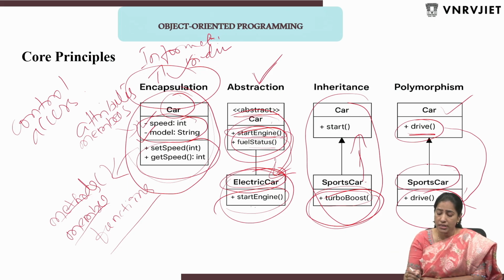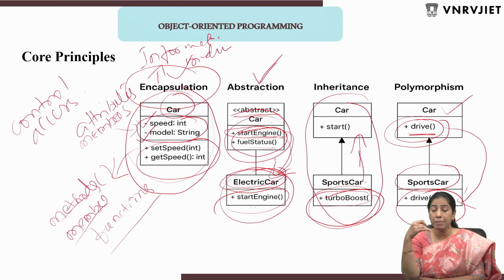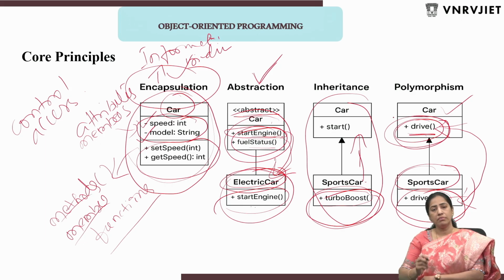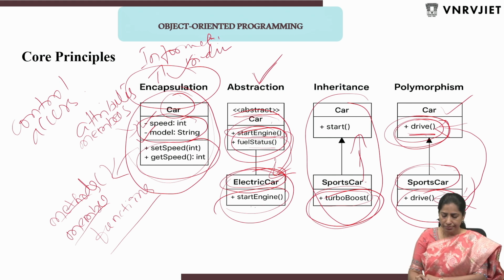If you take a sports car, the behavior of the same method may be different. So the same method is having multiple behaviors in derived classes. What override means is that there may be some behavior in the parent class, but it is not necessary that the child classes will have the same behavior. The child classes which are inheriting the same method can have different outcomes, different behaviors. That's why it's called polymorphism.